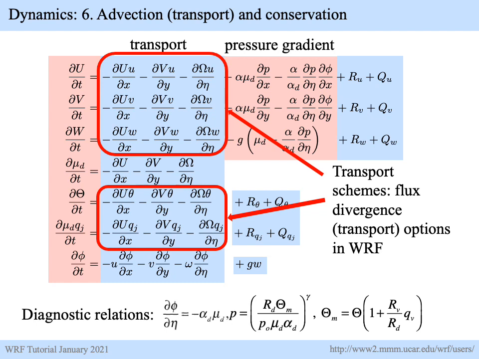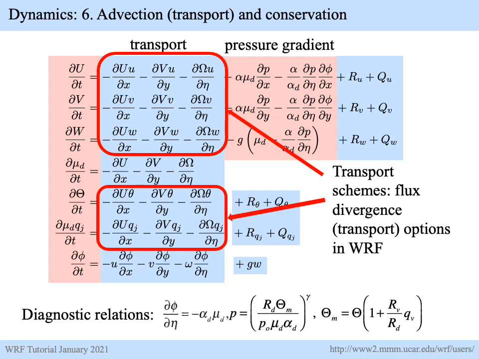Transport terms also need to be evaluated for momentum, where the control volumes are shifted relative to scalars, given that the momentum is defined on the cell edges. In other respects, the evaluation of momentum transport is the same as that for scalars, so we won't go into any more detail there. The quantities we are transporting are defined at cell centers, but as we've seen in previous slides, we have to specify these values on the cell edge to compute the flux of that quantity.